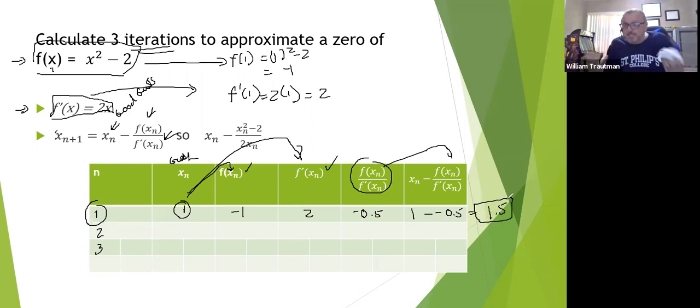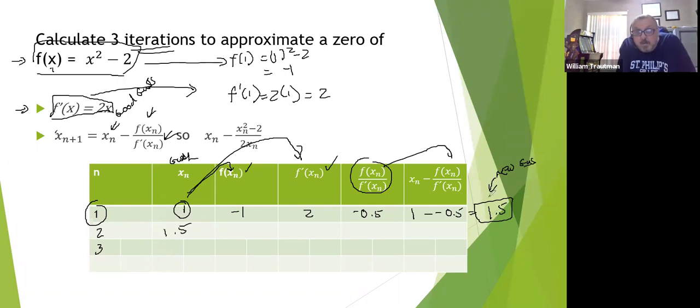Remember, we know the answer already because we had a calculator. It was 1.4142. So we're close already. Do you see the first iteration that Newton does is pretty close. So this is my new guess. Down here, I'm putting 1.5.